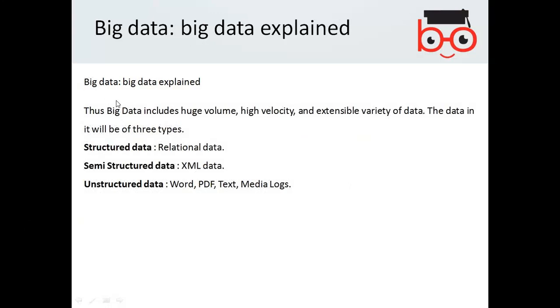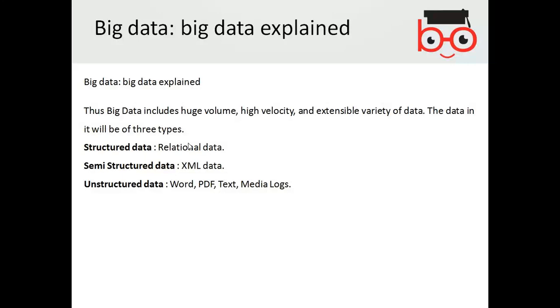Big data can have three types: structured data, which is normally relational data; semi-structured data, which could be represented with XML data; and unstructured data, which could be Word, PDF, text, media, logos. Depending on the type of the data, it is not necessary that every data stored in big data has a similar structure, but the model of the schema could vary.